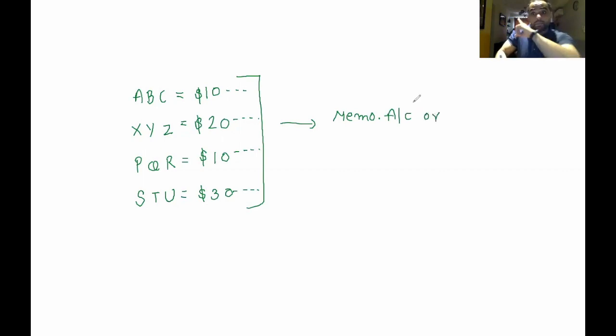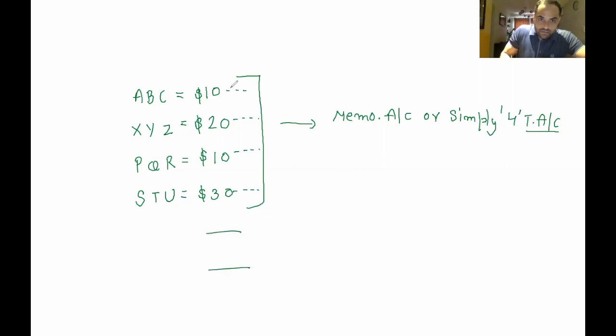Or simply T accounts, or simply 4 T accounts, right? 4 T accounts, because we have 4 customers. This is called memorandum. If you add them all, 10 plus 20 is 30, 60, 70, right?